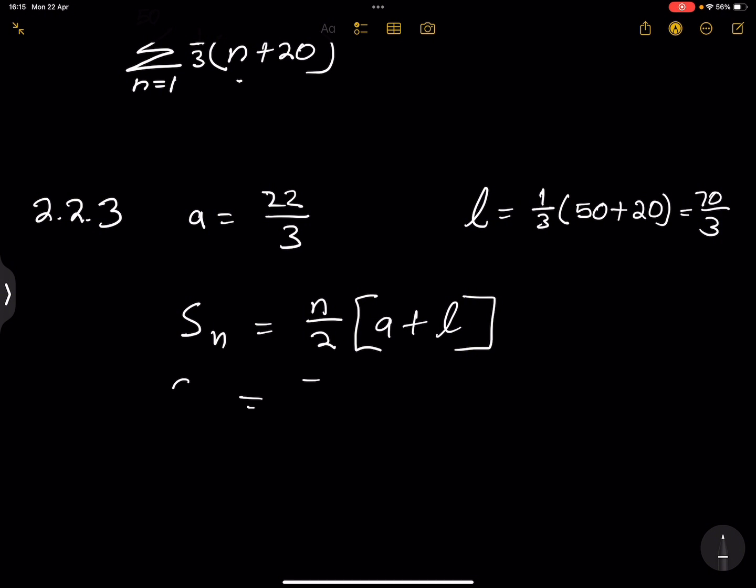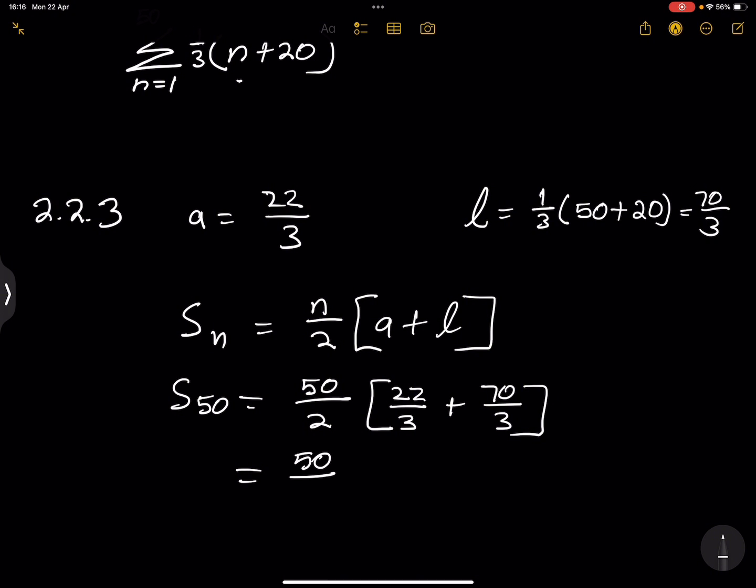This is the sum of the first 50 terms. That's 50 over 2 into 22 over 3 plus the last term. Okay, and what do we get there? If I add them, the sum of these two gives me 92 over 3.